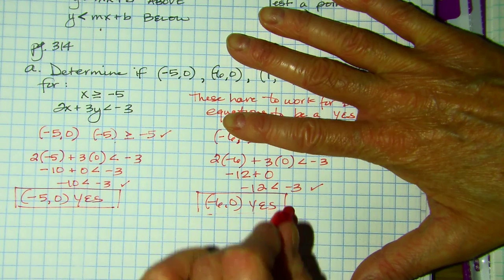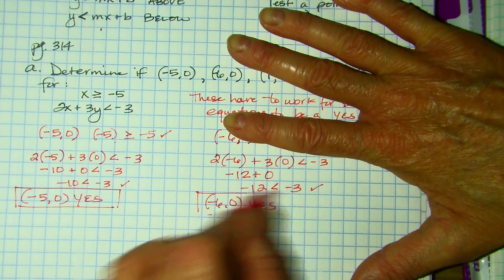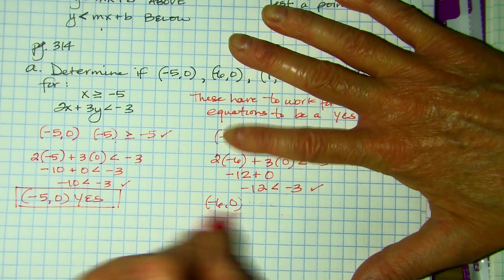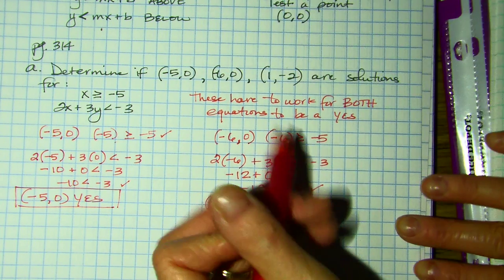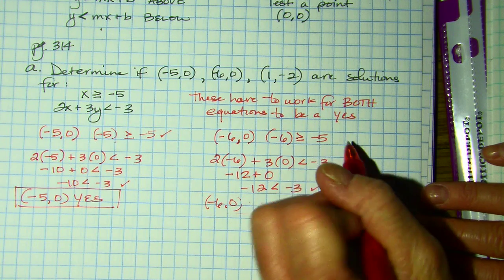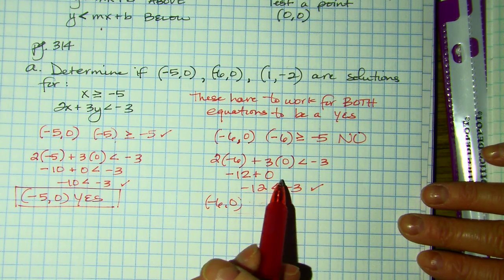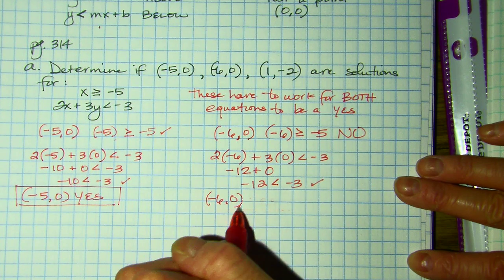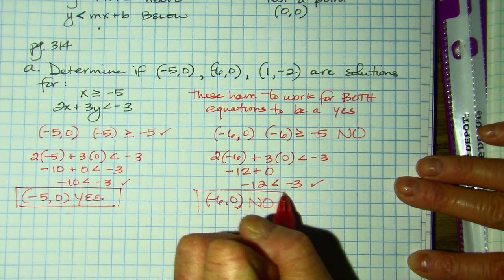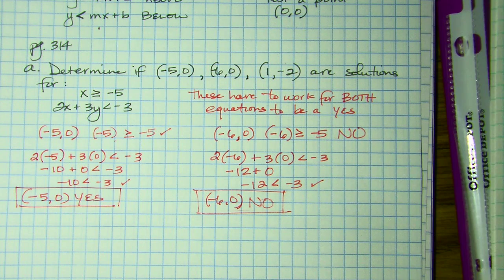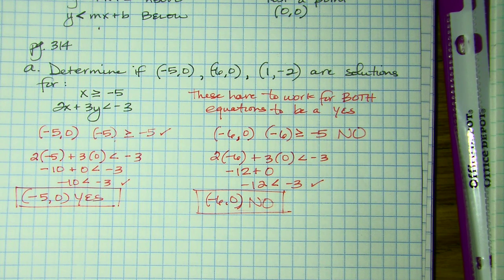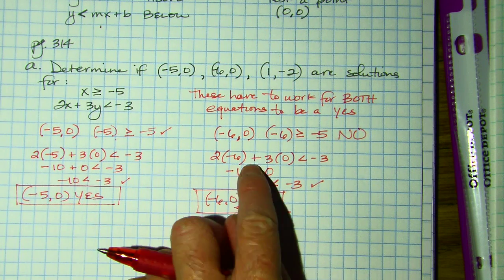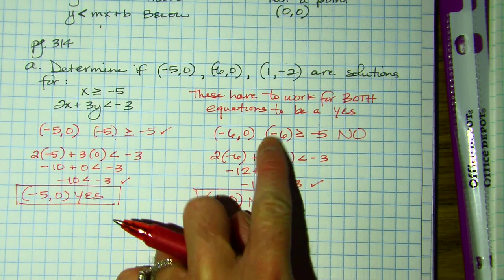Oh goodness, silly me. Is negative 6 greater than or equal to negative 5? No. So even though it worked for the second equation, it doesn't work for the first. So I would write no for this point. Sorry, I just saw the 6 and I was answering it fast. My apologies. If you happen to have plugged it into the bottom one, yes, it works for the bottom one, but not for the top equation.